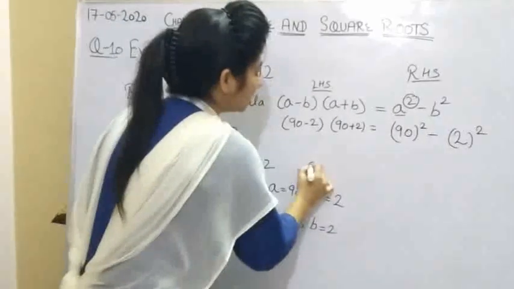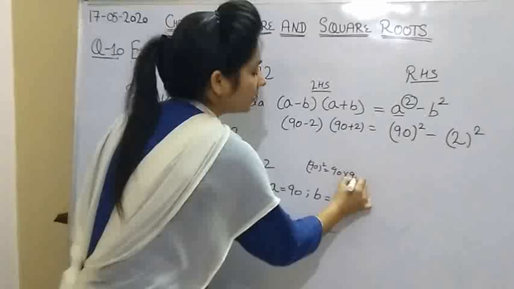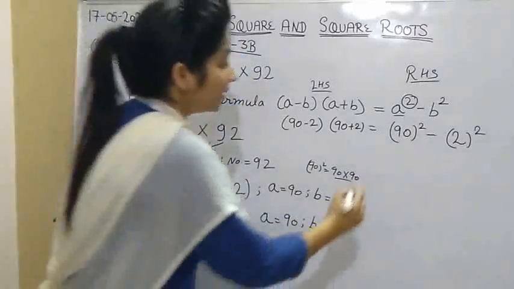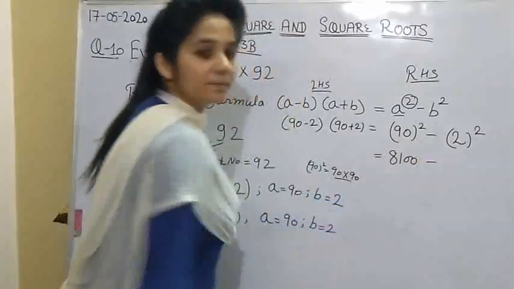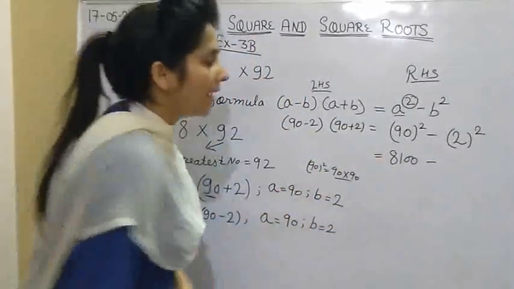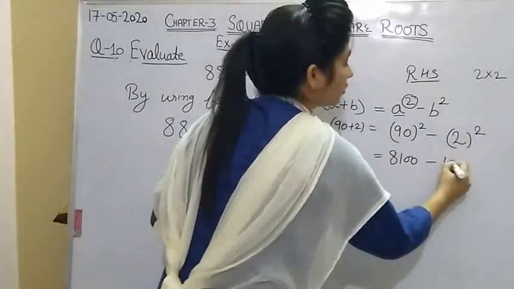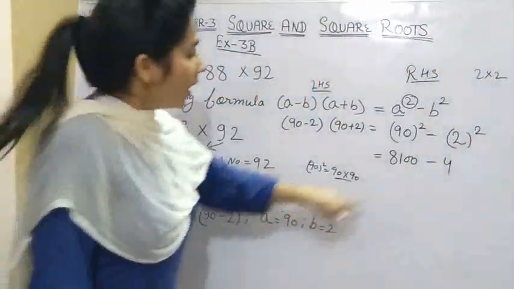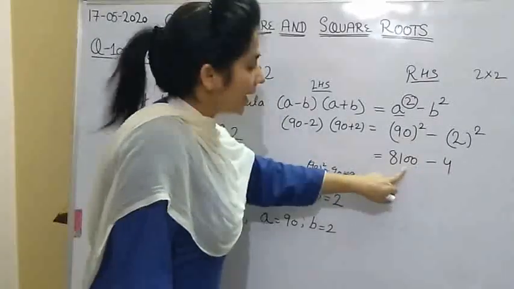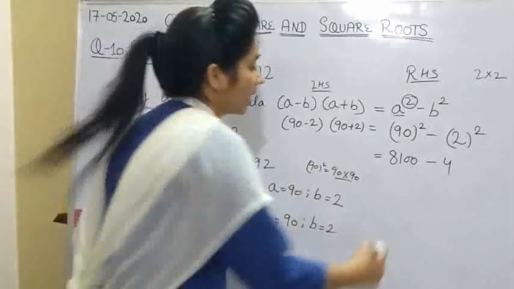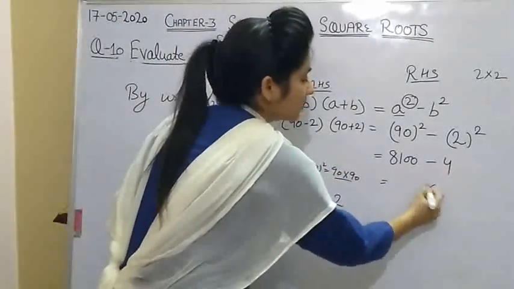90 square means 90 multiply 90, that is equal to 8100. Minus 2 square means 2 multiply 2, that is equal to 4. Now we will subtract 4 from 8100. It will be 10 minus 4, 6.